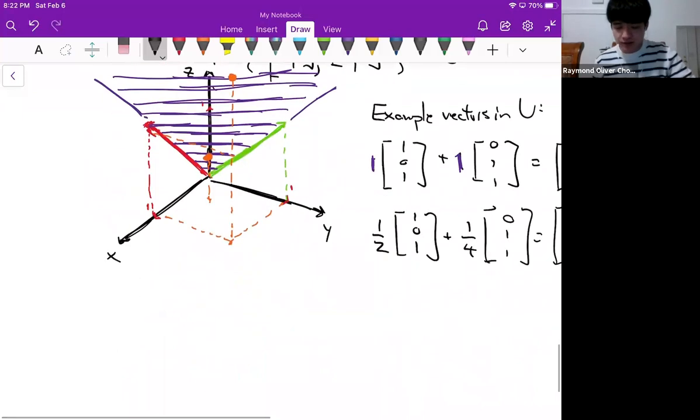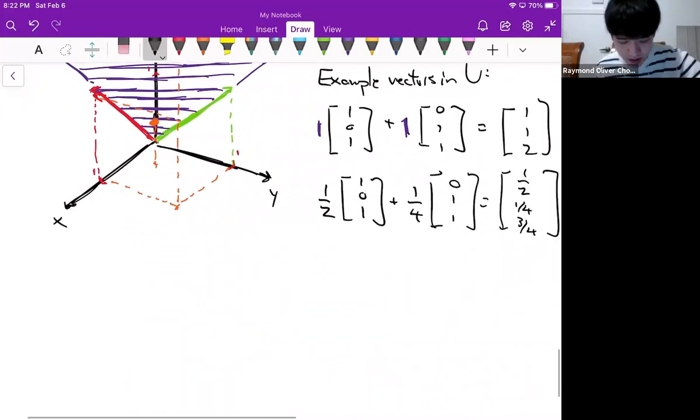Okay, so let's look at a point not in the span, right? It looks like the point 1, 1, 0. Or here, let's write it in the notation we've been using.